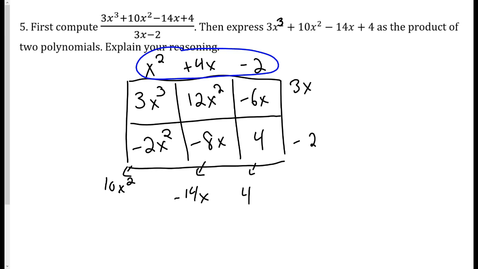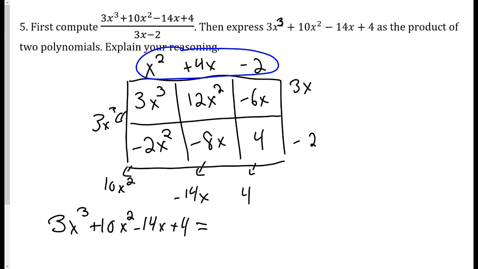But how can I rewrite that numerator as the product of two polynomials? Well, we can rewrite this division question as a multiplication question and say that our numerator is equal to, if I multiply these two polynomials together, I will get out that polynomial.